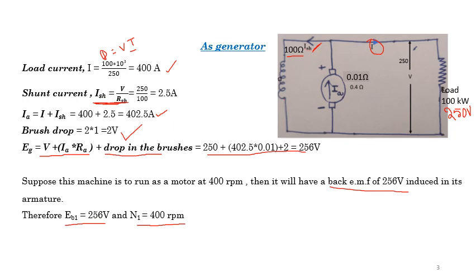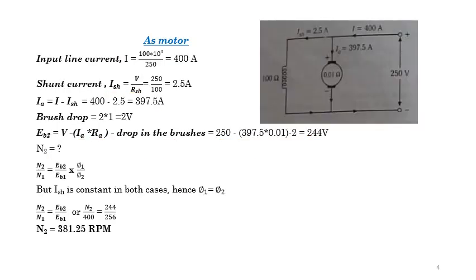Let me take it like this. Next, let me solve this question as a motor. They had told you, suppose that machine was running as a motor, then what would have been the speed?